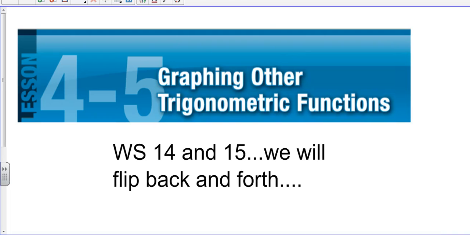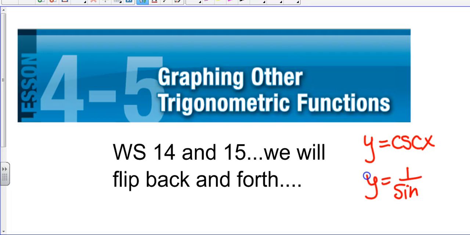Before I go any further, today we're talking about reciprocal functions. For example, cosecant is the reciprocal of sine. Everybody okay with that? Those are equivalent, okay? This is not equivalent. This is an inverse function.